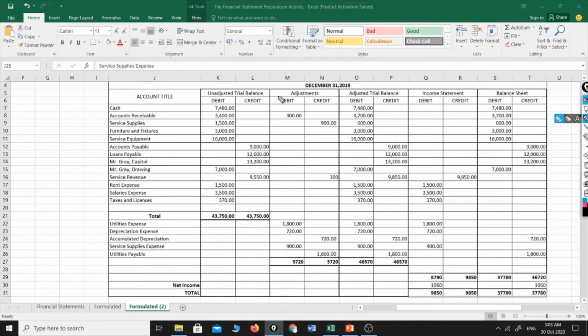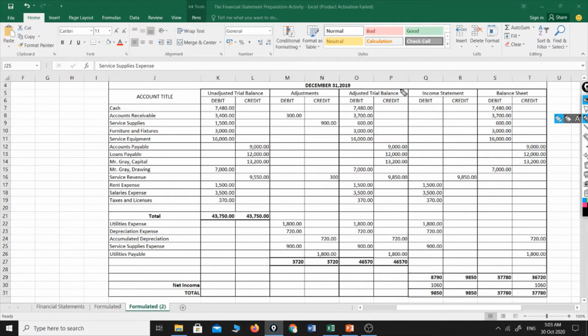Okay, because these first two parts are needed in order for us to prepare the adjusted trial balance. And we need the adjusted trial balance to extend to the income statement section and the balance sheet section. Okay, take note. We need the unadjusted trial balance and the adjustments to make the adjusted trial balance. And to have our income statement and balance sheet, we need the information from the adjusted trial balance.